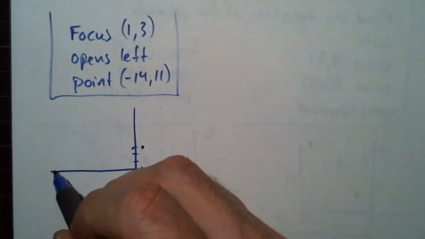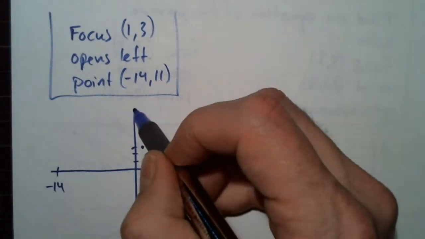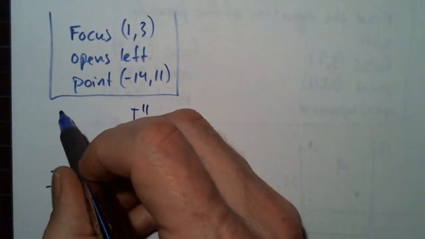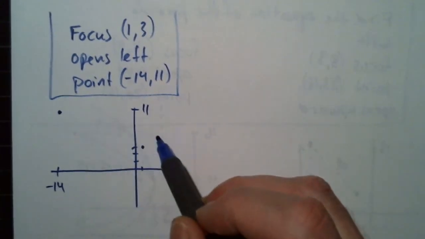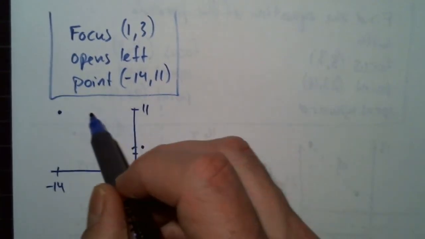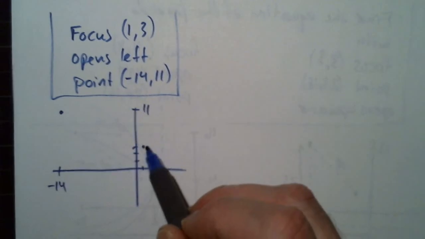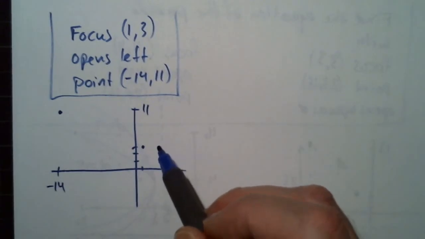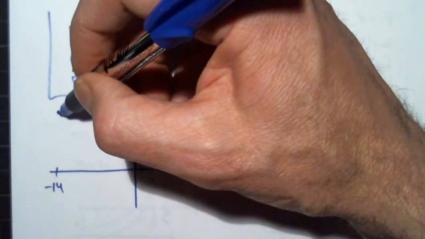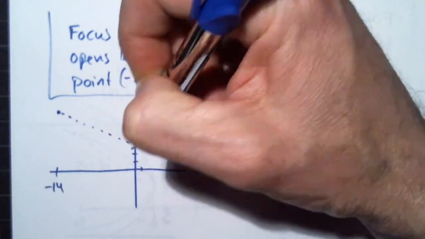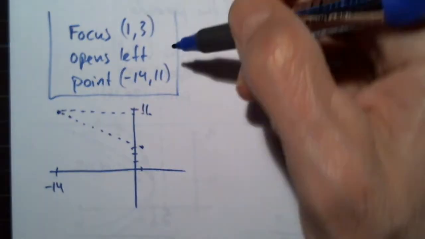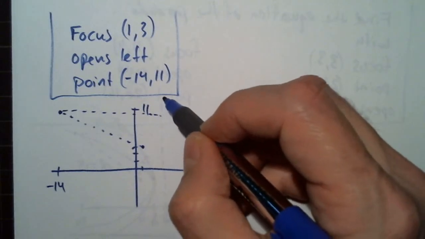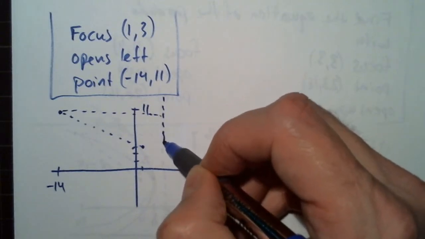The point is at (-14, 11). And the graph is going around like that. It's not going through the focus. We need to find the vertex. That distance needs to be equal to that distance, and that will give us the directrix.